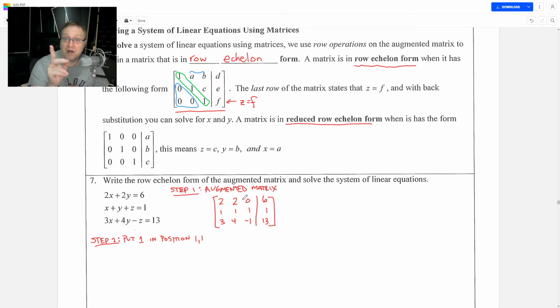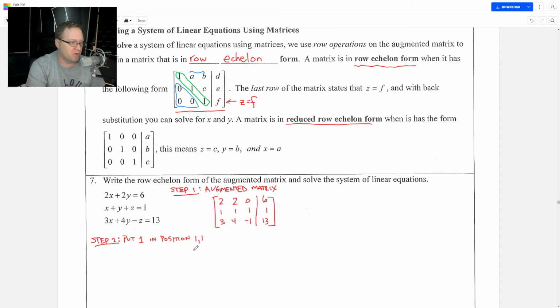That's the row operation that I'm going to use right now, because I can multiply everything in this row by 1/2. If I multiply everything in this row by 1/2, then I'm going to get a 1 here. That's what I want. So I'm going to write down the row operation.